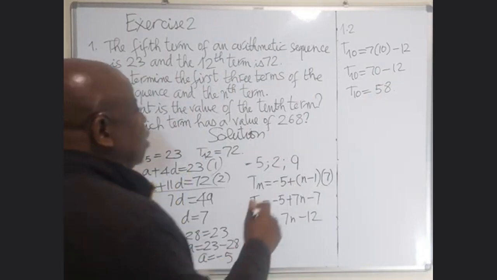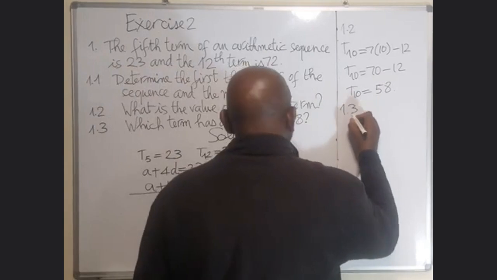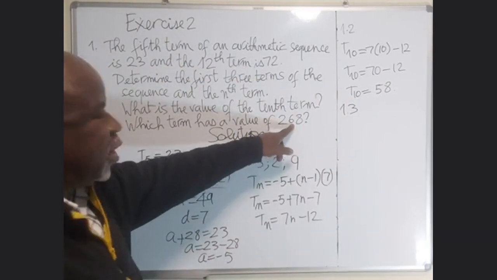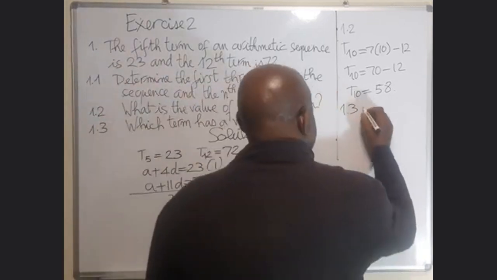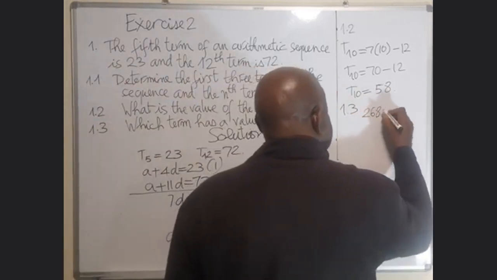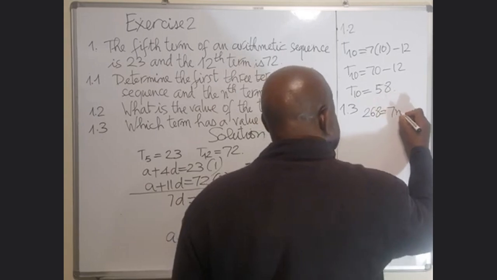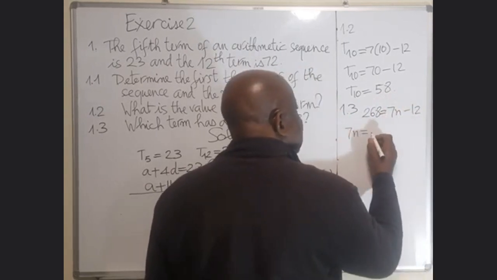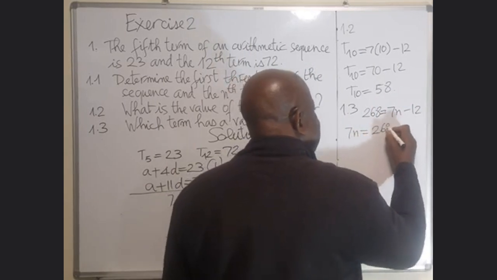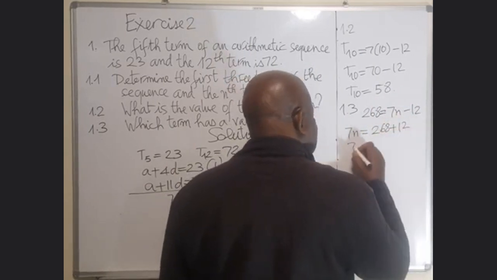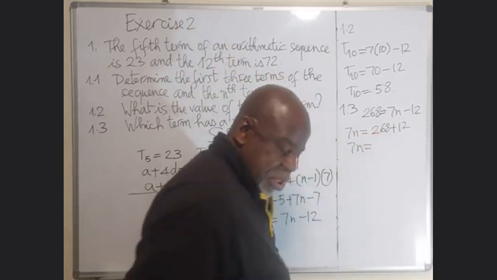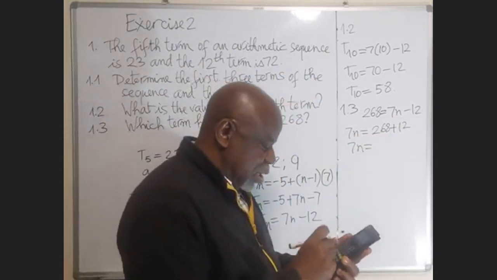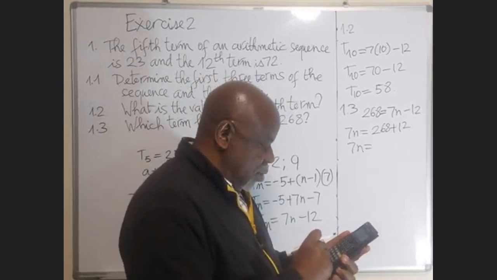We're going to question number 1-3. Which term is the value of 268? So here we'll be having 268 is equal to 7n minus 12. And the 7n will be equal to 268 plus 12.